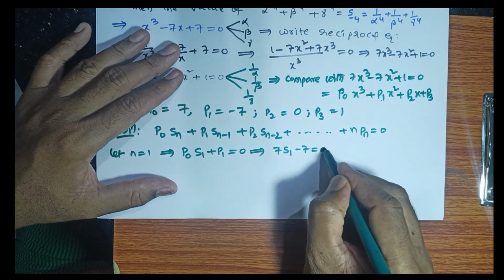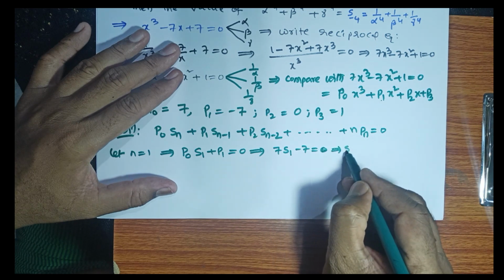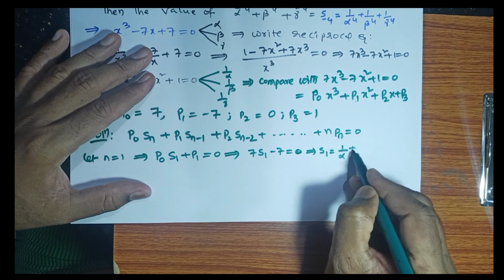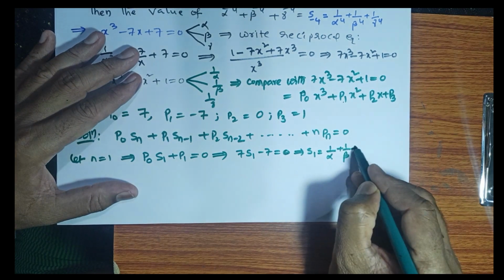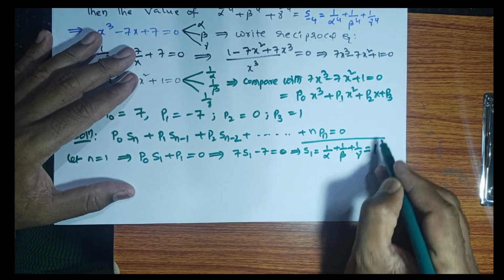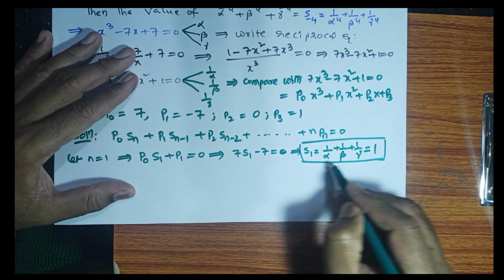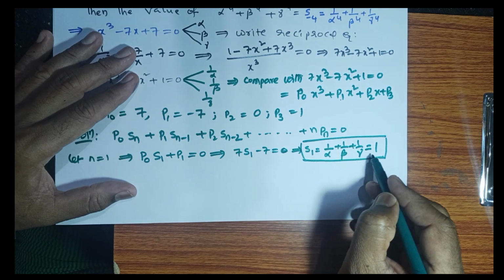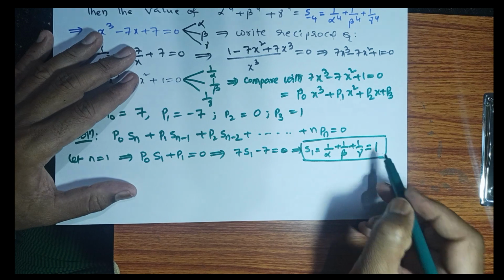So from here s1 is equal to 1 by alpha plus 1 by beta plus 1 by gamma, which is equal to 1. So that is s suffix minus 1, or s1, is equal to 1 by alpha plus 1 by beta plus 1 by gamma, equal to 1.